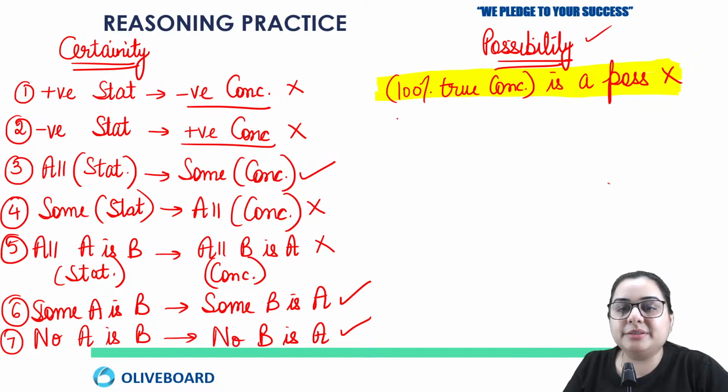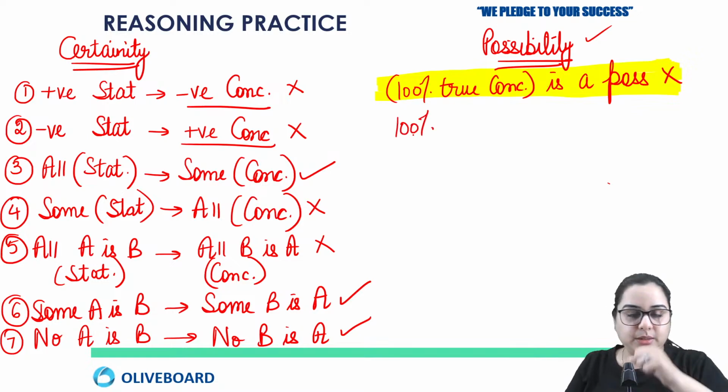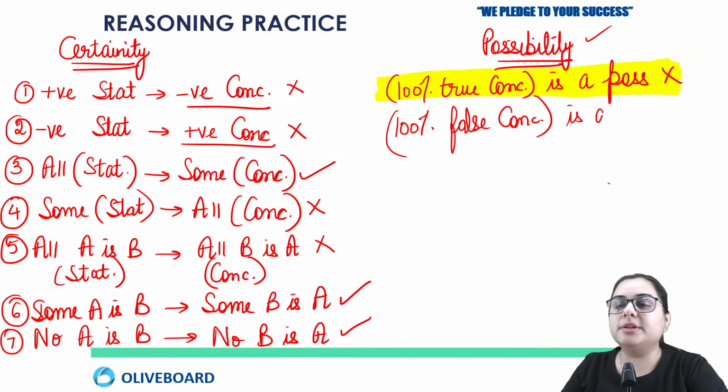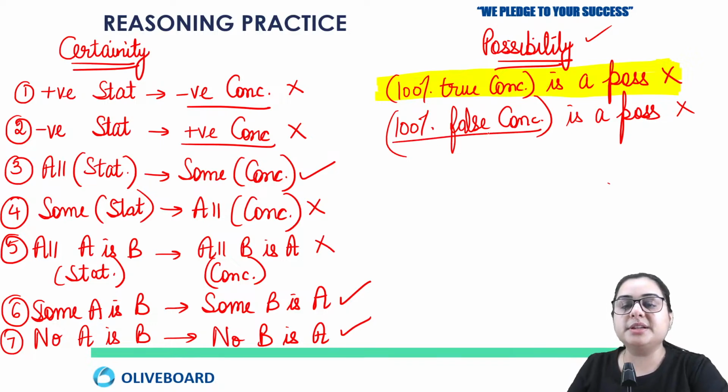If you have a 100% false conclusion and after that it is written as a possibility, that will also be wrong, because a 100% false conclusion means something which is impossible, and if something is impossible, that is not possible, so this will be wrong in the possibility.